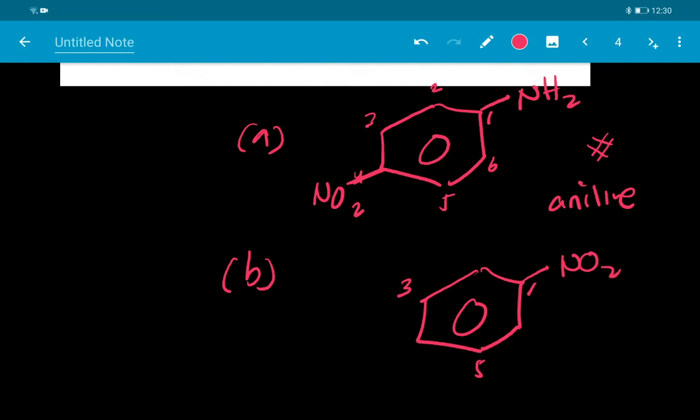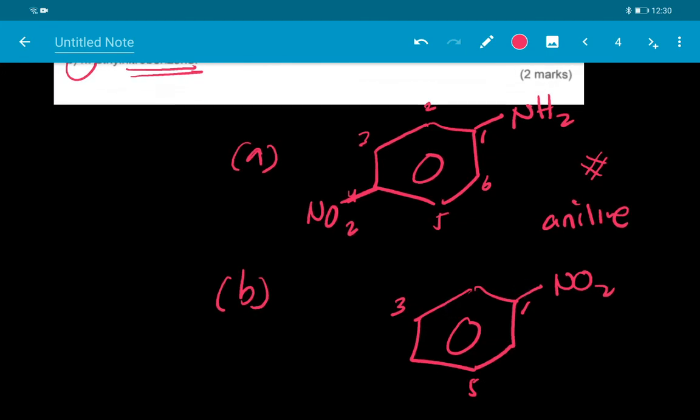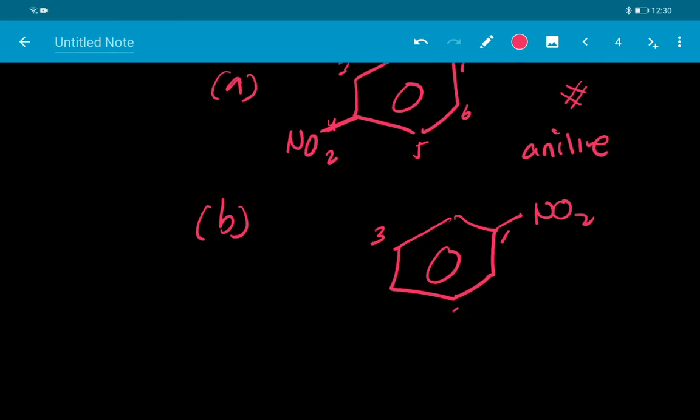Therefore, for this example, I'm going to use number 5. I'm going to replace the hydrogen from carbon number 5 with the ethyl. Ethyl is represented with a 2-carbon chain. This is carbon number 1 and carbon number 2. And there you have it. This is the meta-ethyl nitrobenzene.